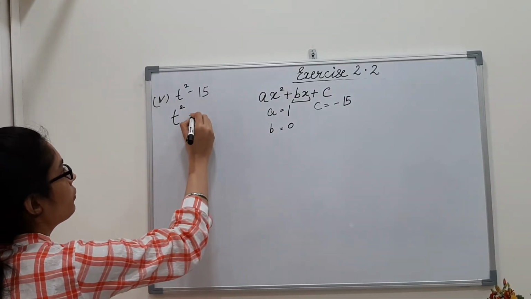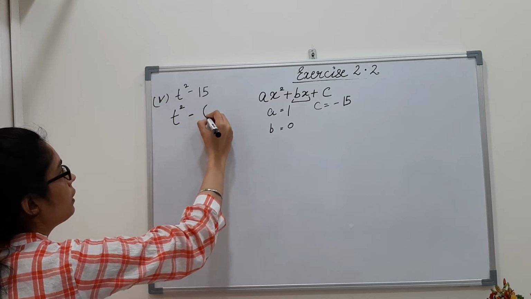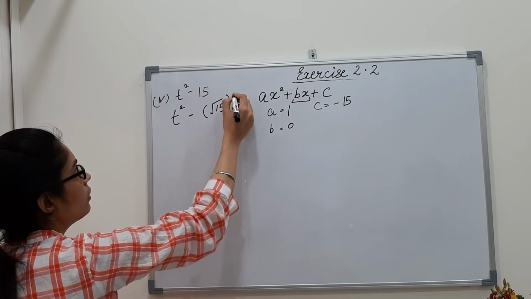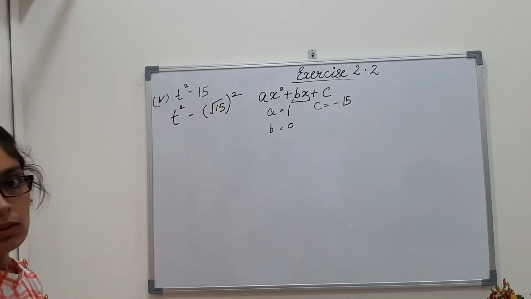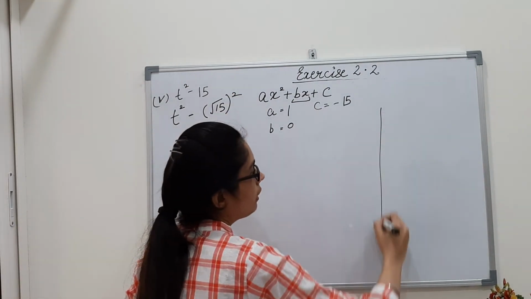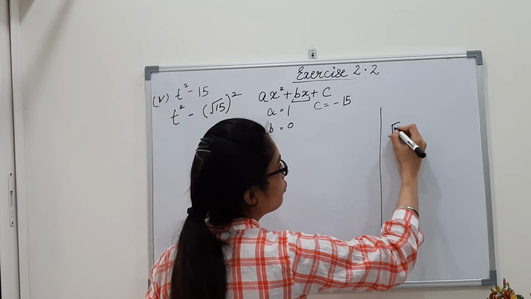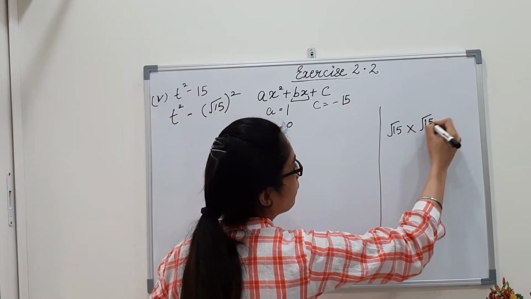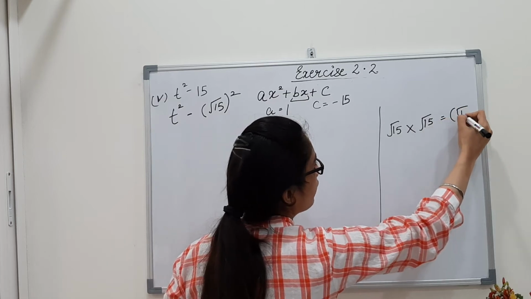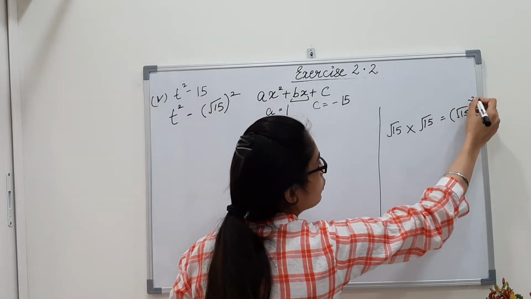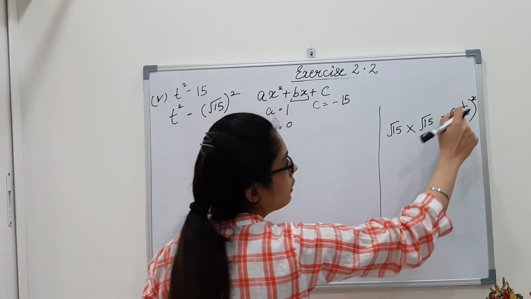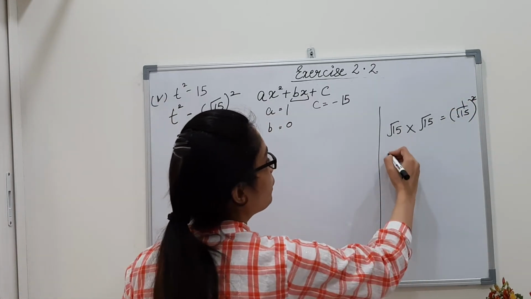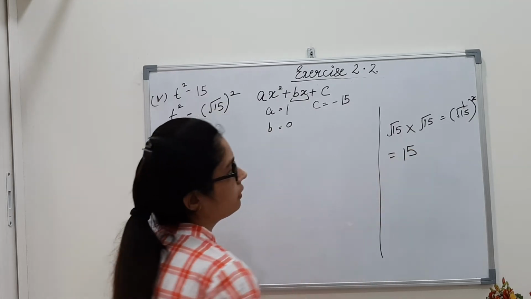Now we will just write it in a simpler way. If I write under root 15 into under root 15, that is the square of root 15. Square will always get cancelled with square root, so root 15 into root 15 will be equal to 15 itself.